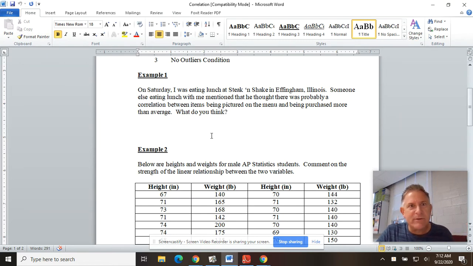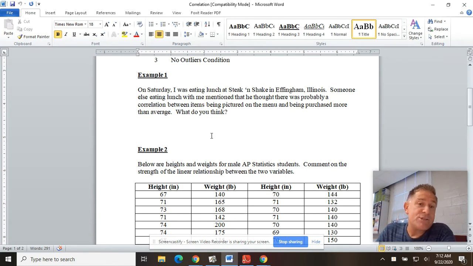So I'm leery about using the word cause or causation. But I'm also very leery about using the word correlation here because, as you just learned, correlation has to be between two quantitative variables, and being pictured on a menu is not quantitative.